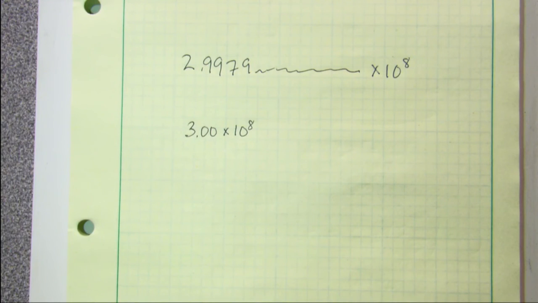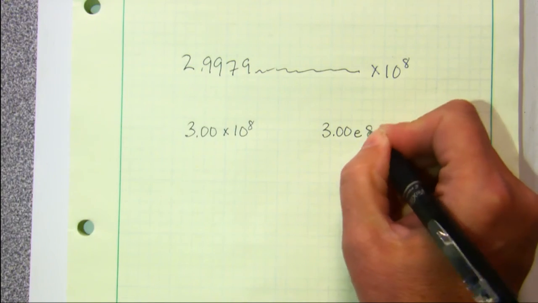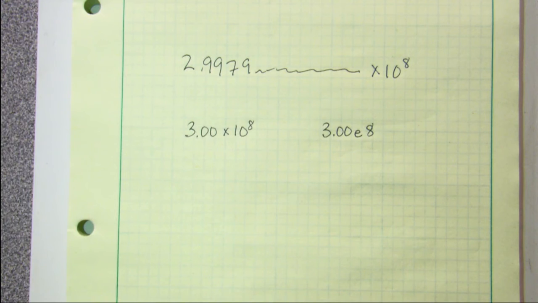And then it goes, incorrect. And you're going, I think I've done this before. I'm pretty sure that's correct. WebAssign wants you to type it in like this. And when you type it in like that, it's a much happier camera. Okay, that's WebAssign's shortcut.